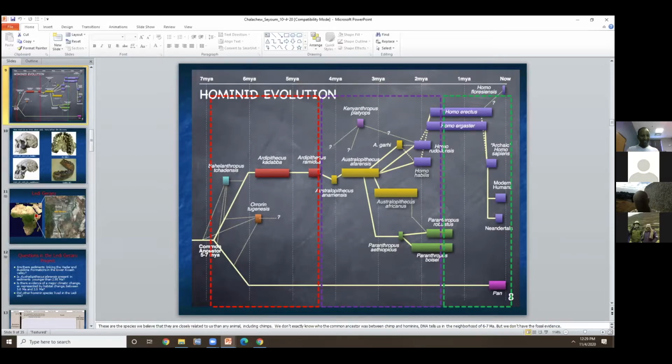And these range in time between 6 and 4 million years ago, and were found in a range of environments from closed wooded environments to open habitat in Africa. We don't have them anywhere else.